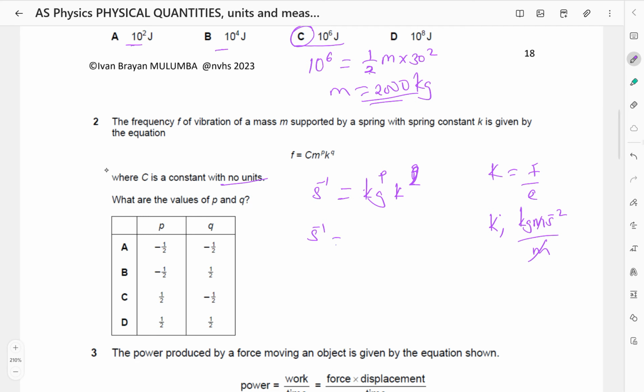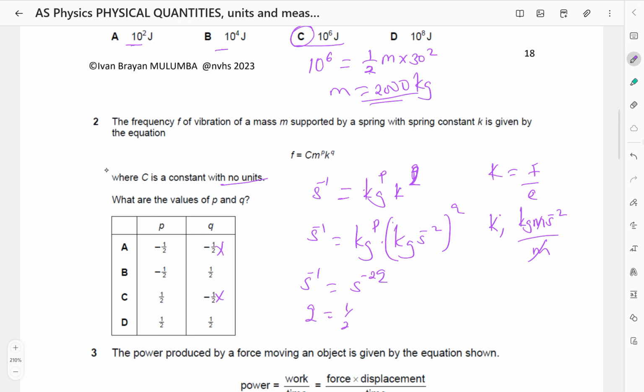So s power negative 1 is equal to kilograms power P times kilogram s power negative 2, and this is raised to power Q. On the left hand side, s is raised to power negative 1. On the right hand side, s is raised to power negative 2Q. If I equate the powers, Q is equal to positive a half. So we ignore A and C, because those say Q is negative.